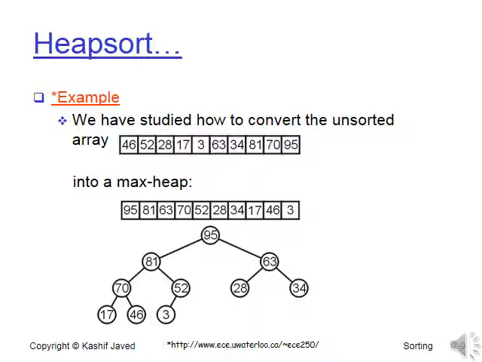After conversion to a max heap, we get the elements arranged as 95, 81, 63, 70, 52, 28, 34, 17, 46, and 3.